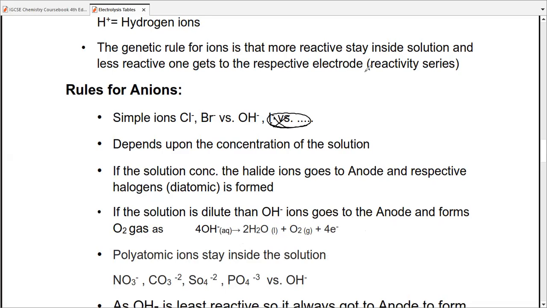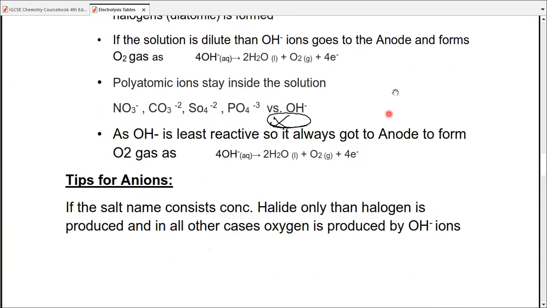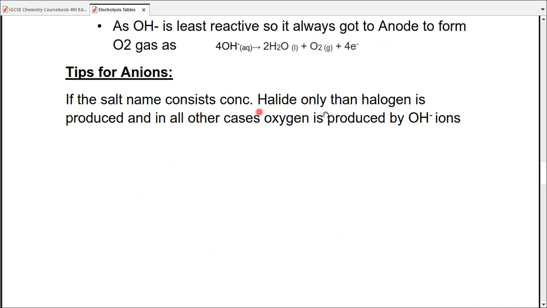So OH negative or hydroxide ions are always capable of getting to the anode and released as oxygen gas. So if the salt name consists of concentrated halide, only then the halogen is produced. In all other cases, oxygen is produced.